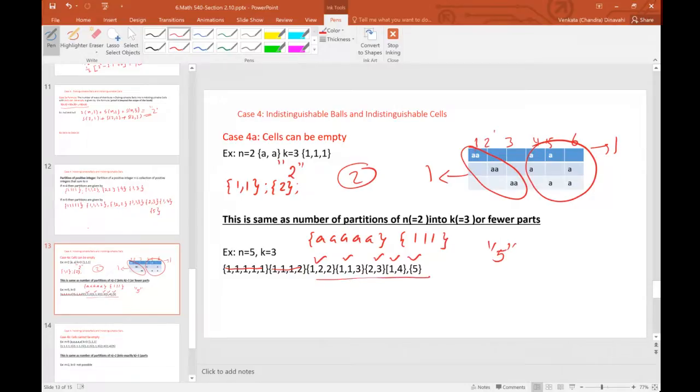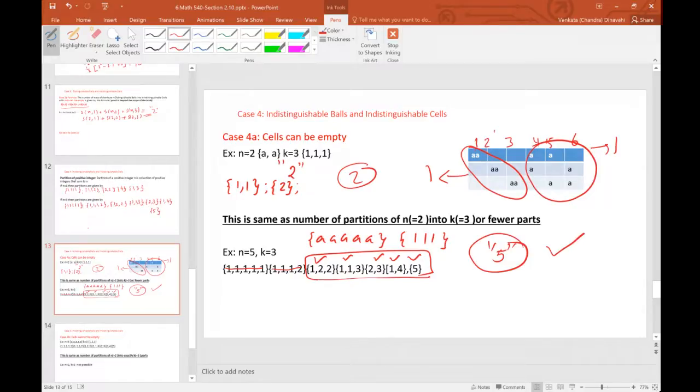So each partition gives you a different arrangement of these balls. But I have only k cells, so I need to pick only those partitions with fewer than or equal to k parts. In this case, there are 5 different ways, so the answer is 5. Here, I'm not interested in listing all of them.